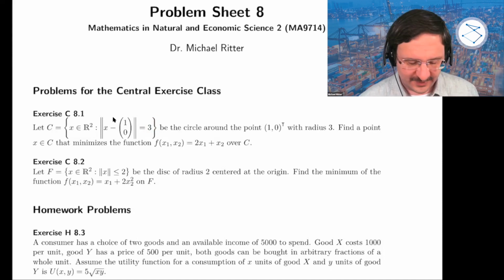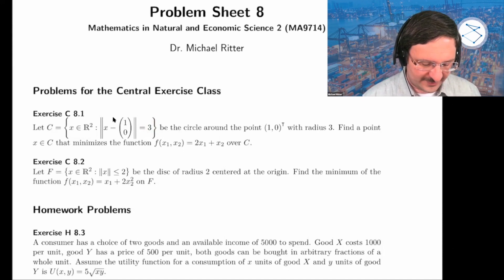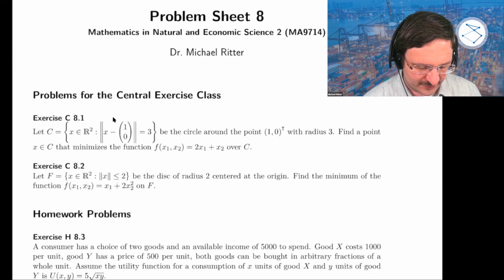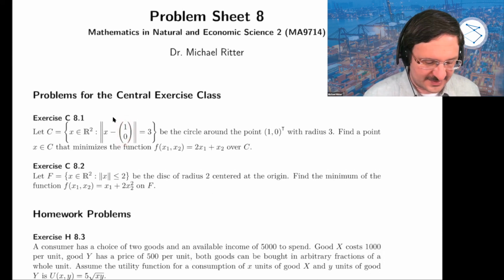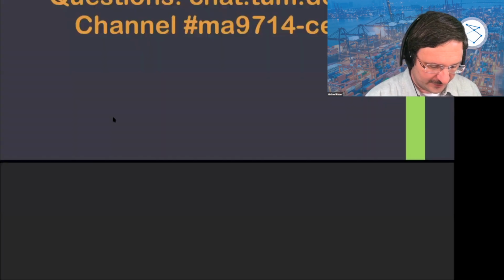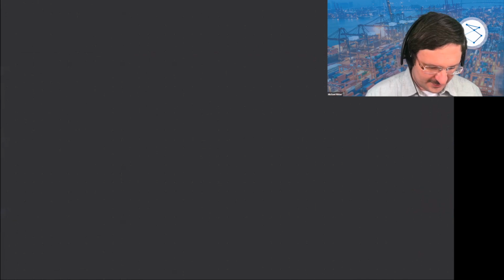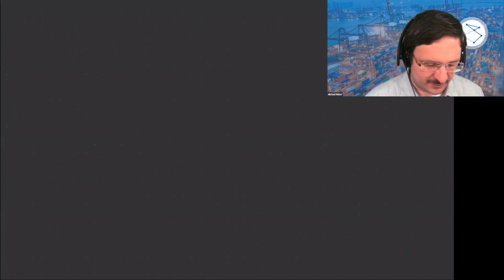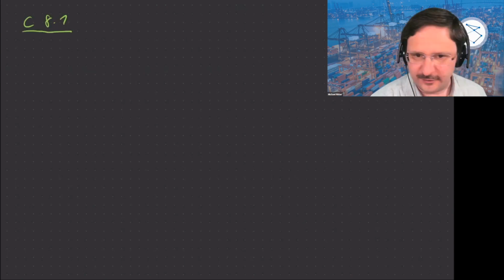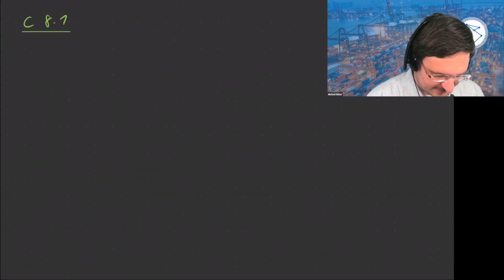So what we have here is the set of all points that have a distance of 3 from this point (1, 0). And that, of course, is a circle around that point (1, 0). So that's the first thing that we should state here. Of course, formally, you don't have to know that to solve the problem, but it always helps to have some intuitive understanding of what's going on. Right, so that's set C here.